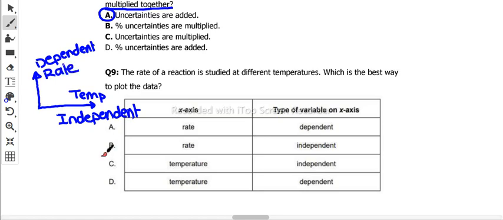So the dependent here is the rate, and the independent is the temperature, which is the variable being changed during the chemical reaction or during your experiment. So based on that, the answer is, on the x-axis, we will have the temperature, which is considered our independent variable.